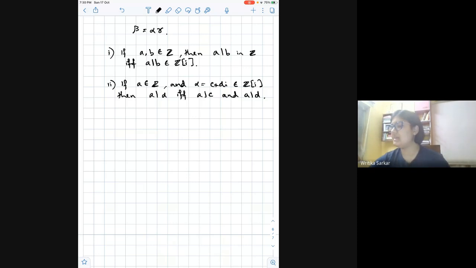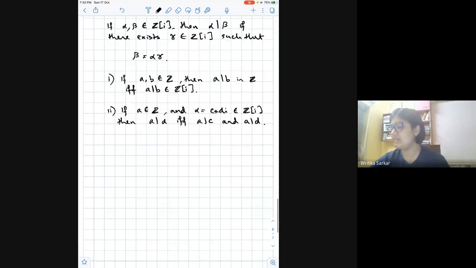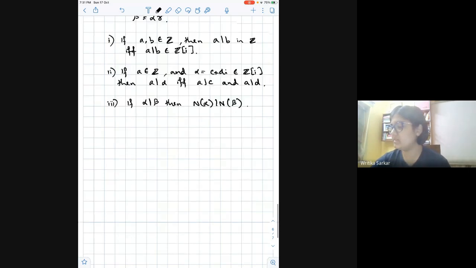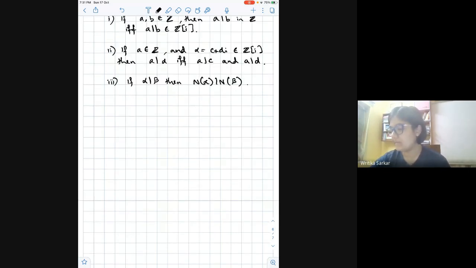This basically means that alpha divides beta in the Gaussian integers if, using Euclid's division lemma, the remainder that you get is actually 0. So I've talked about division. Another quick thing is that if alpha divides beta, then the norm of alpha divides the norm of beta. These are all very trivial matters to check.